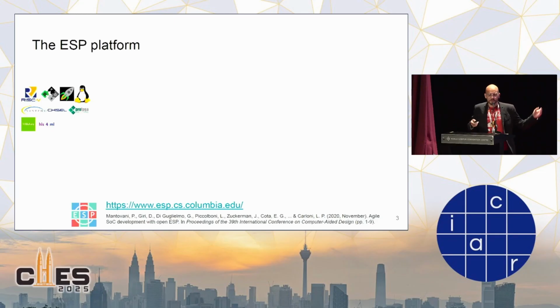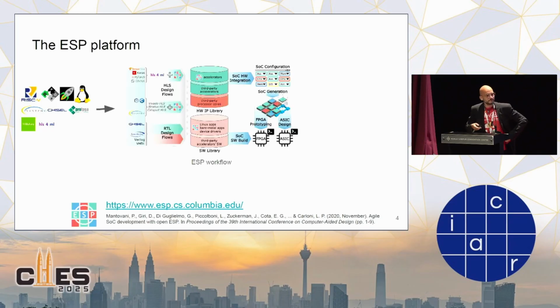Basically, starting from open source projects or also closed source IP, it provides a platform for integrating them using a hardware flow that allows to integrate third-party IPs inside of a system on chip that integrates a CPU and a memory tile, and it provides also a software flow that is capable of running Linux or providing some bare metal support for making the hardware execute.